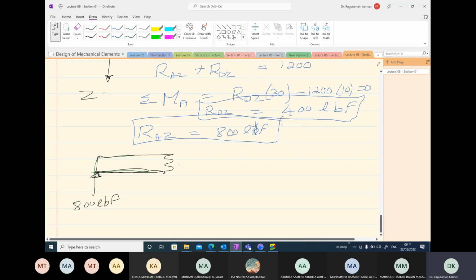This is the positive X, and the Z direction is going down here, unlike the XY axes, where it was going up.